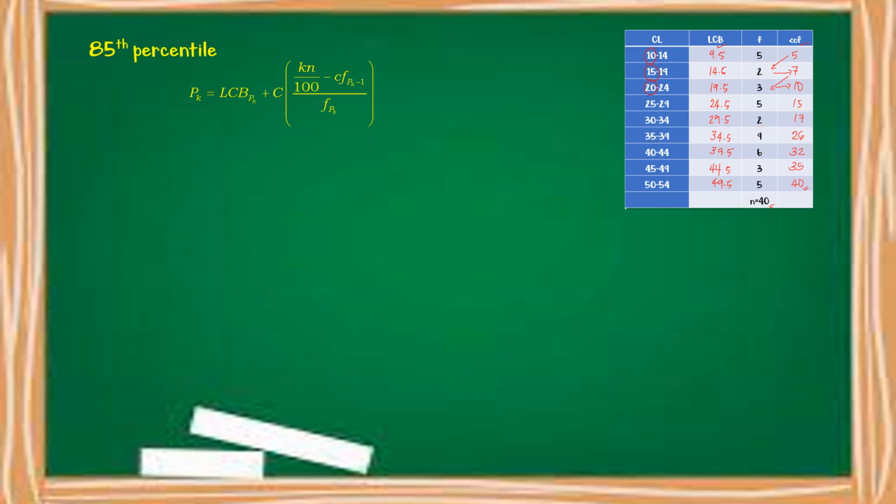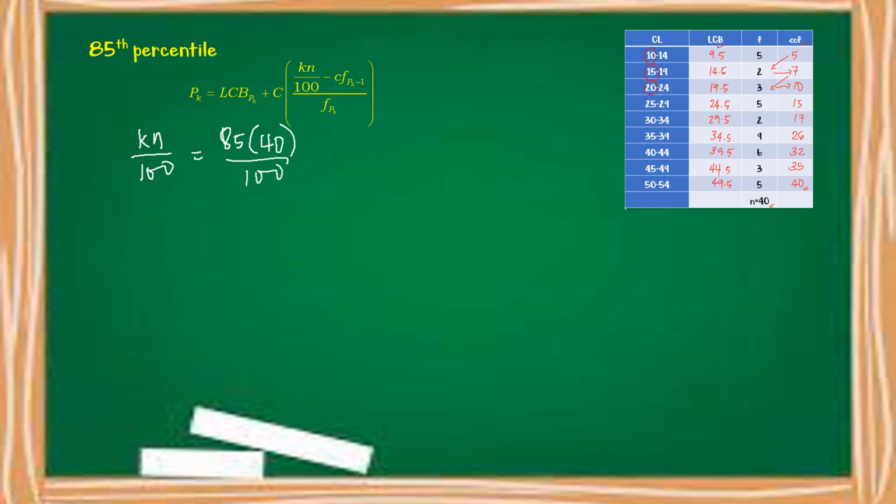Last but not least is the 85th percentile. Same procedure. So kn over 100. We have 85 times 40 divided by 100.